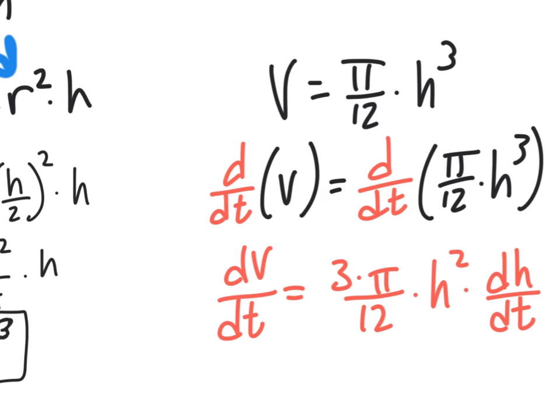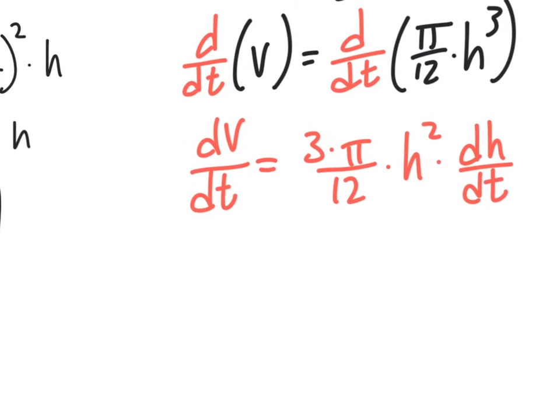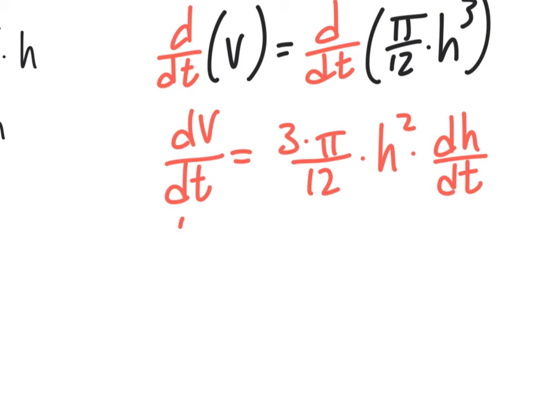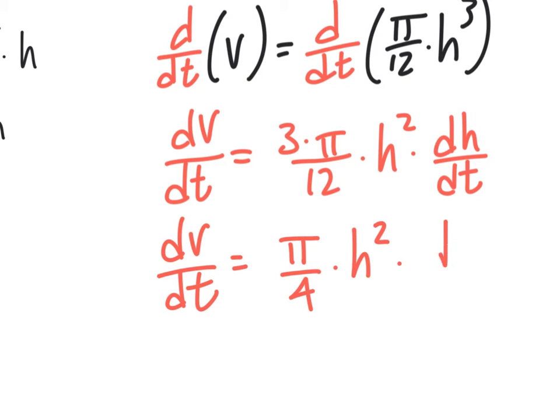Now let me simplify this a little bit, and we get dV/dt is equal to pi over 4 times h squared times dh/dt. Once I've taken the derivative, I can plug in my values.